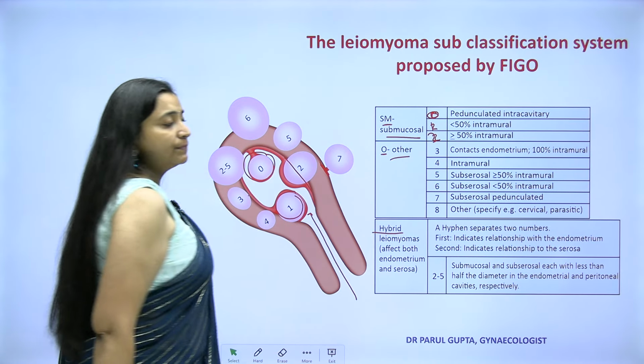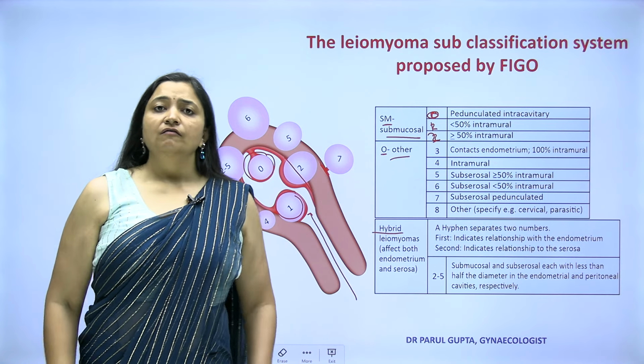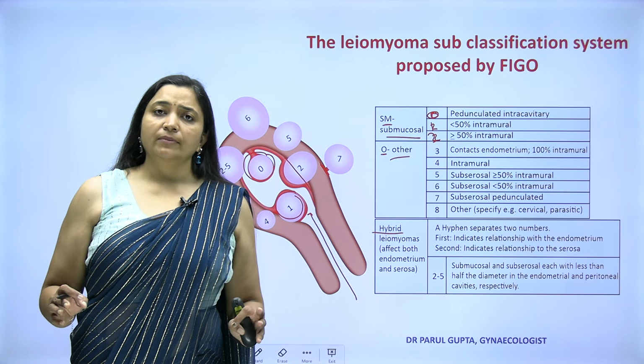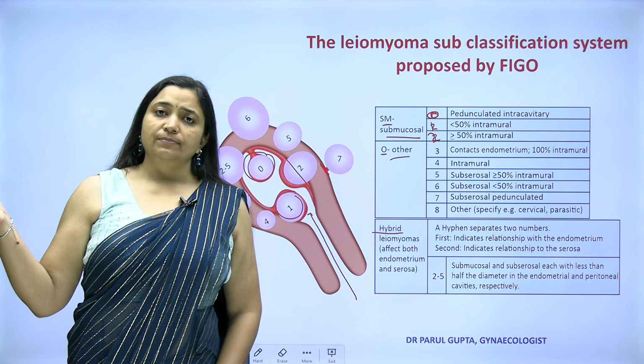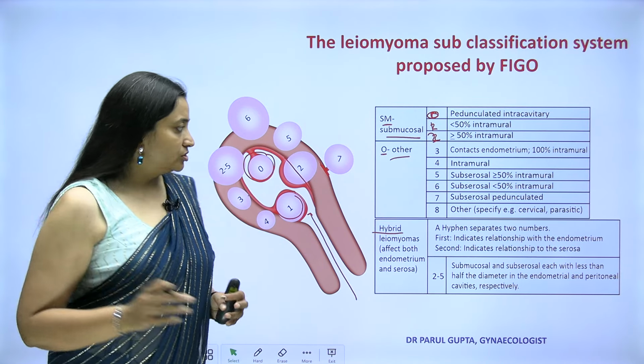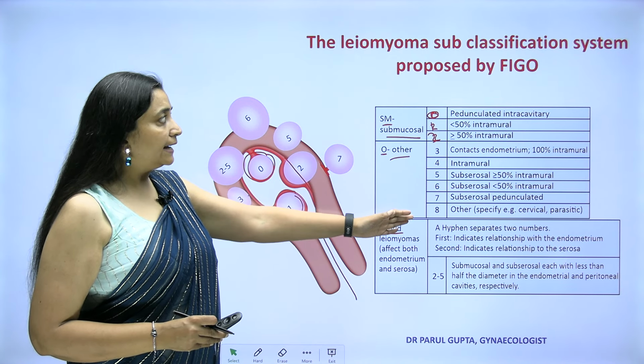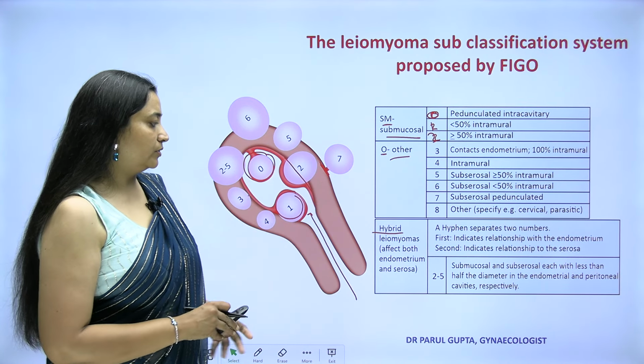But 8 is a parasitic or a cervical fibroid which is not attached to the myometrium at all, not attached to the uterus, and it is taking its blood supply from the adjacent structures. So these are the 0 to 8 classification of the fibroids.